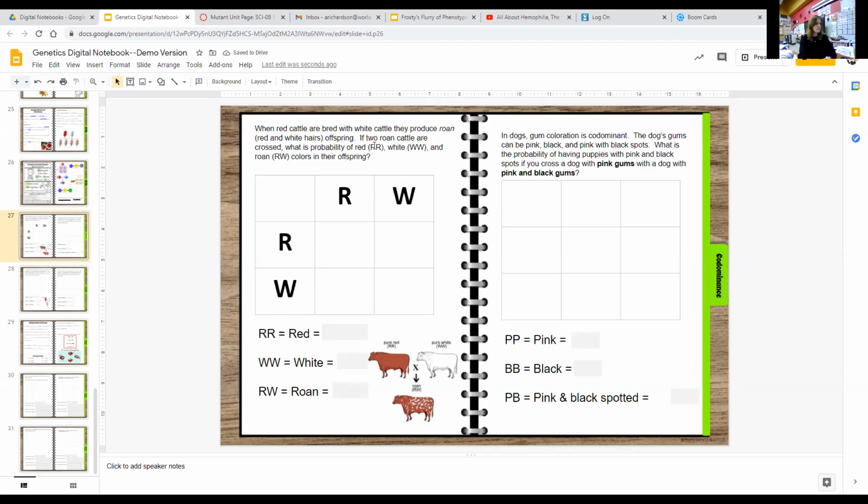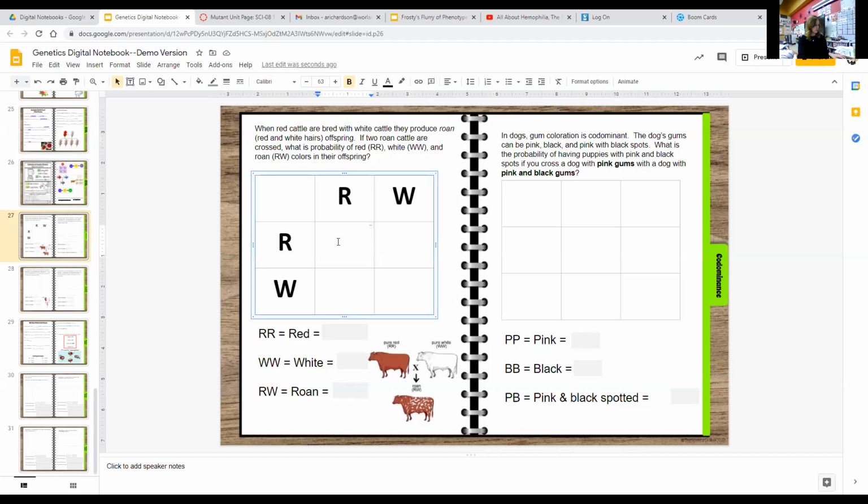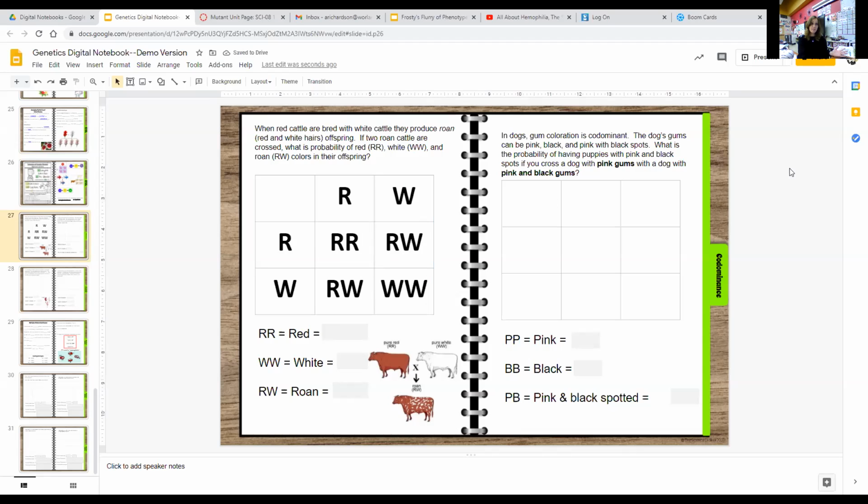So in my cross here, I'm crossing two roan. So I have a red and a white on top, red and a white on the bottom. So we're going to go through and fill out our Punnett square. I wrote my R's down, W's down, R's across, W's across. So I have to look at the percentage of these. I think these are a little bit easier than traditional Punnett squares because we're not worried about the combination of different sizes of letters.